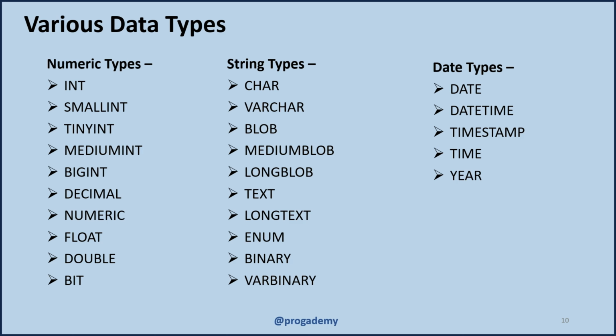Such kinds of values we define while defining a table or while defining a column in a table. We need to define what kind of column it is. For example, we have an employee table where we are storing employee data. In that we will be storing the employee ID. If my employee ID is 1001, then that employee ID is a numeric value.